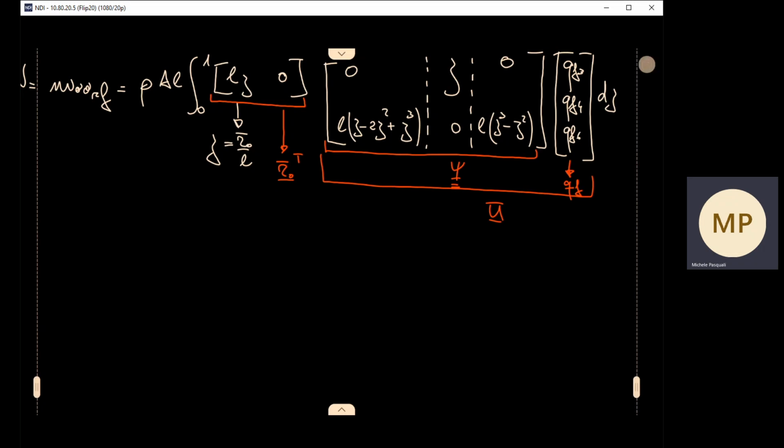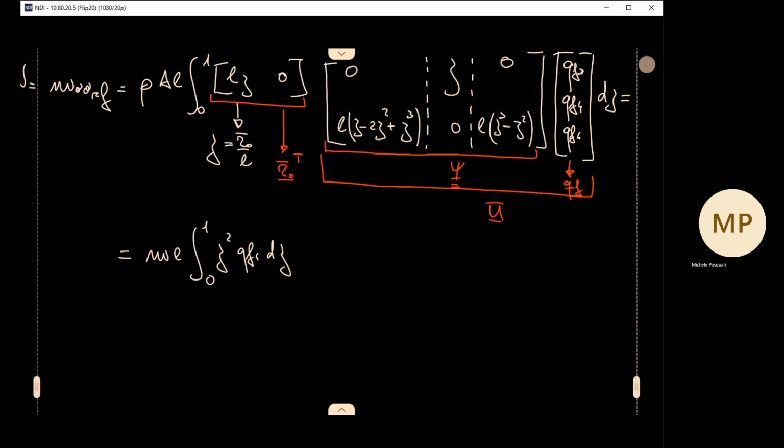Okay, we have all of it. If you do the calculation, you get M L, the integral from 0 to 1 of zeta squared QF4 d zeta, and this is 1 over 3 M L QF4. And this is it.